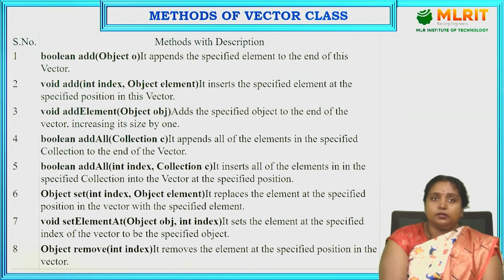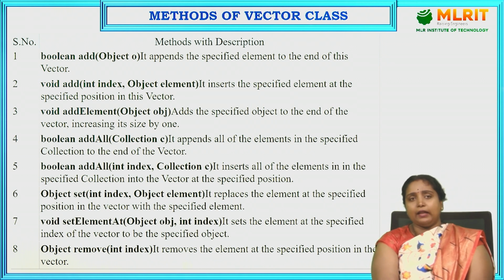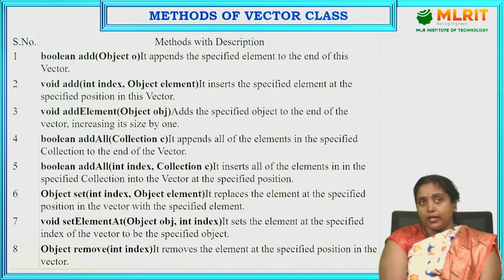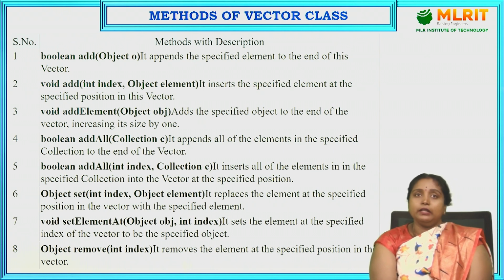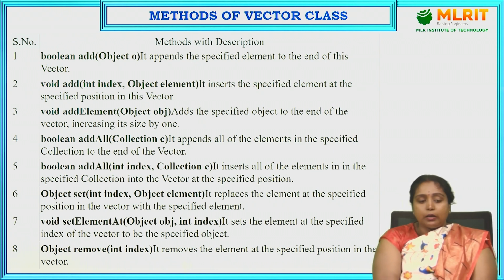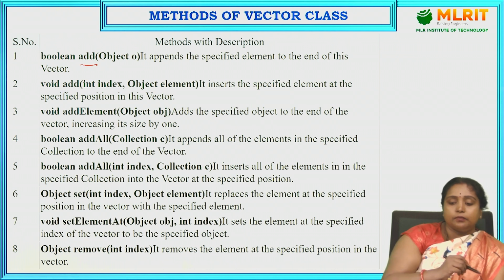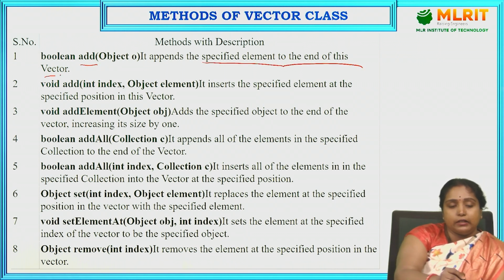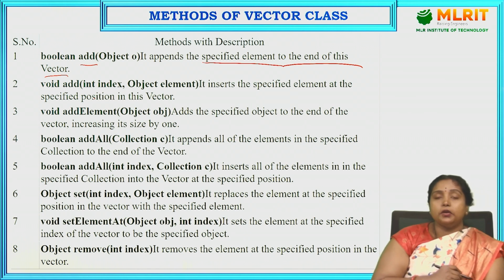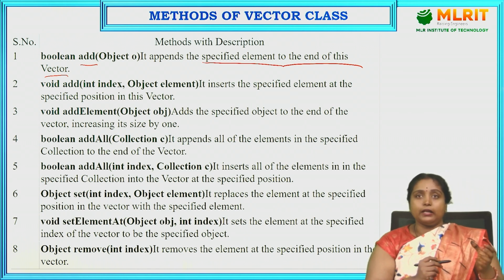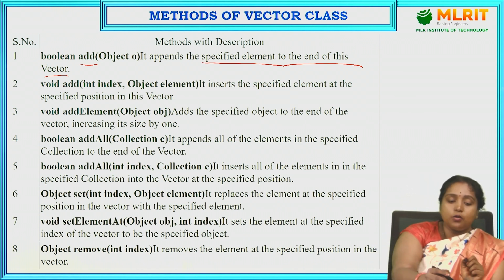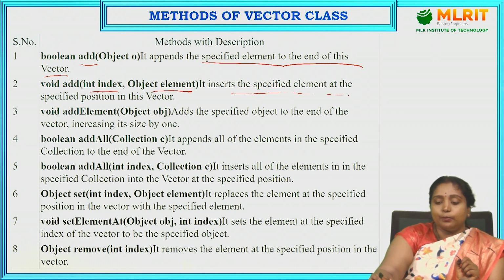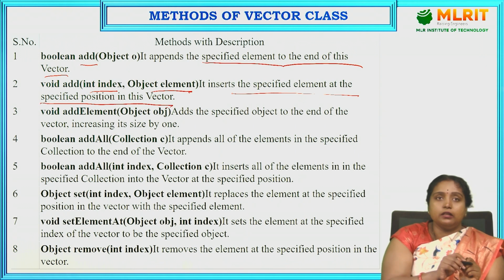Coming to the methods. The same operations which you have performed on ArrayList will be there in the vector class also. The add method appends the specified element to the end of the vector. If you want to add an element at a specified index, you take the index value as well as the element, so it inserts the specified element at the specific position in the vector.